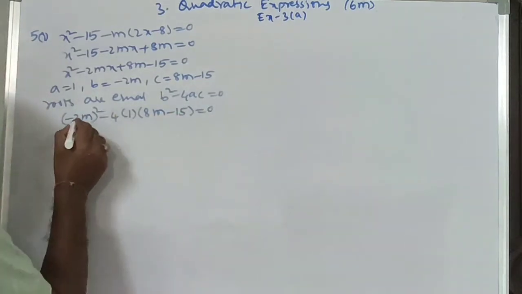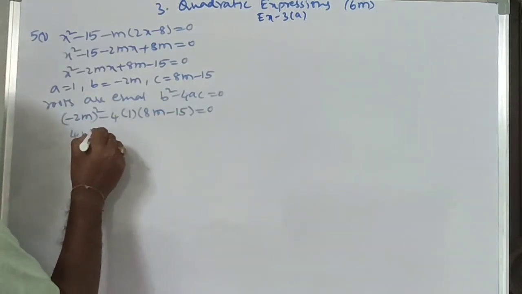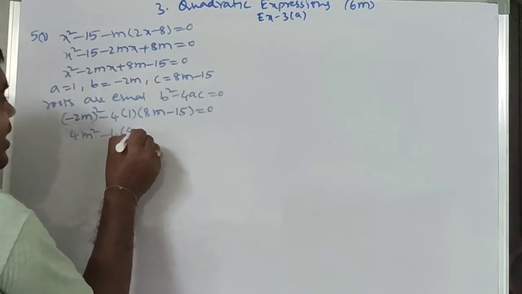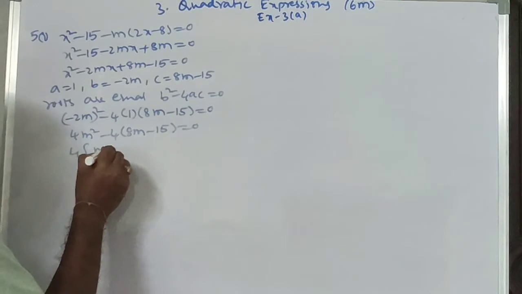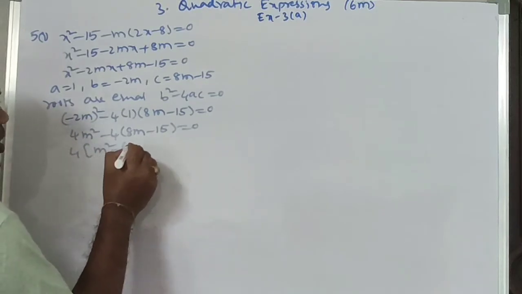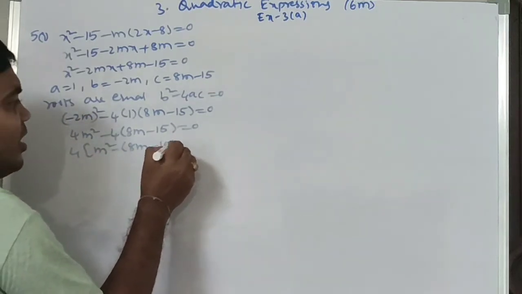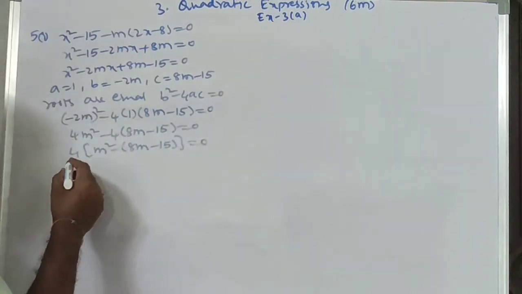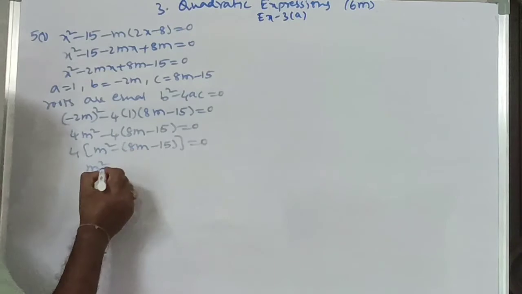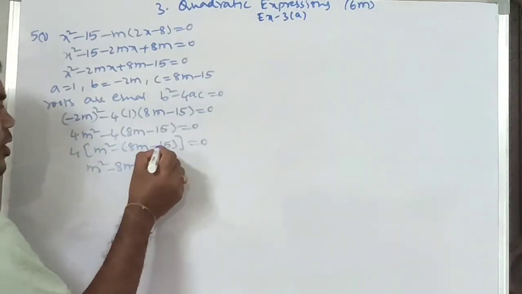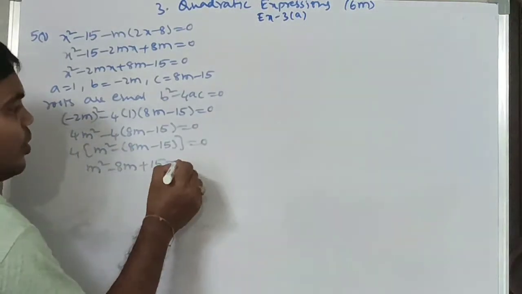Square of negative is positive, 2 square 4, m square minus 4 of 8m minus 15 equal to 0. Taking 4 common, m square minus of 8m minus 15 equal to 0. So bringing this 4 outside, m square minus 8m plus 15 equal to 0.